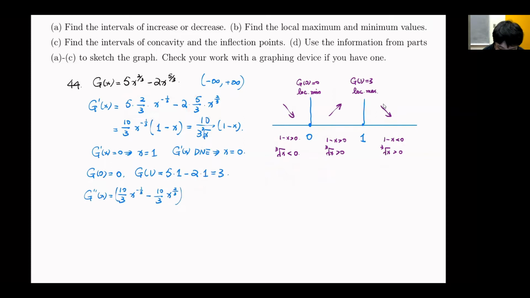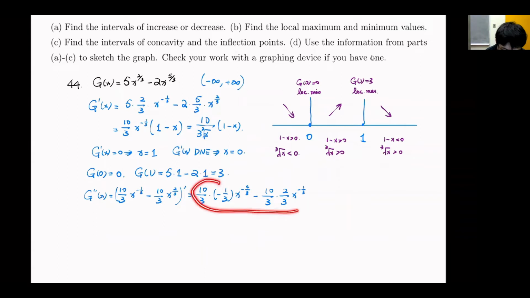I will just use this form of g prime of x and perform the computation because this is easier. So I get 10 over 3 times minus 1 over 3 times x to the minus 4 over 3, which is the derivative of x to the minus 1 over 3. And for the second guy, I have 10 over 3 times the derivative of x to the 2 over 3, and we have seen that before. So this will simply be 2 over 3 times x to the minus 1 over 3.